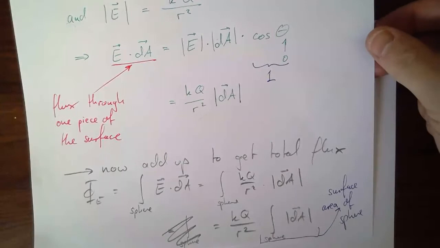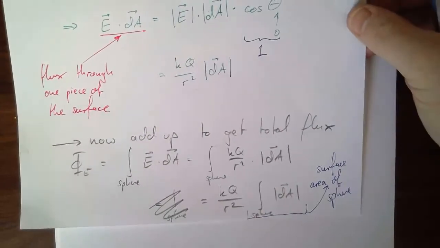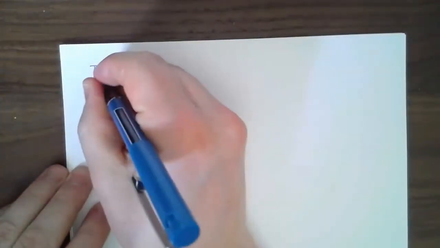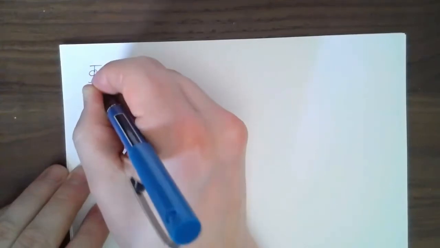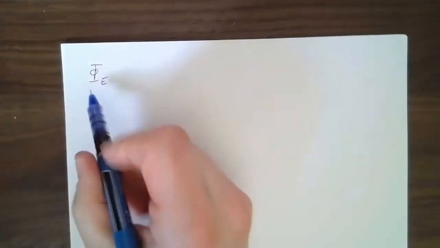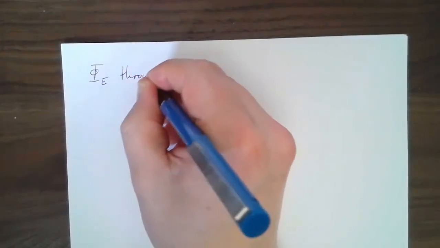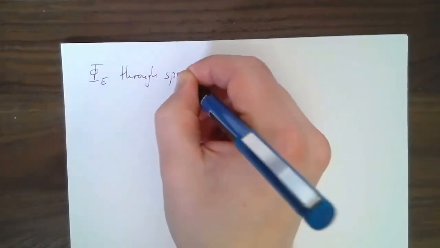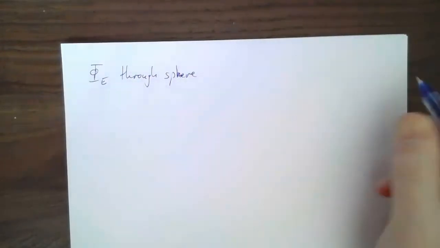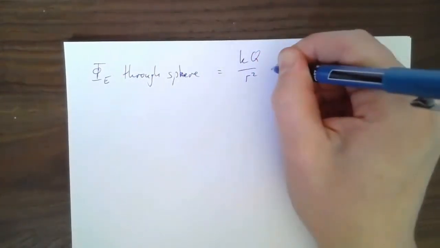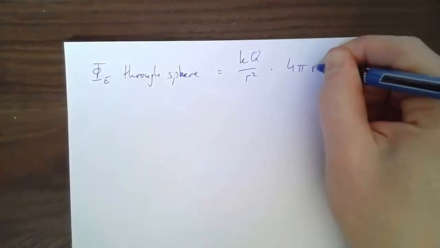So the area of a sphere is 4 pi r squared. Right? So what I'm getting is that the total flux phi e through our sphere is going to be equal to kq over r squared times 4 pi r squared.